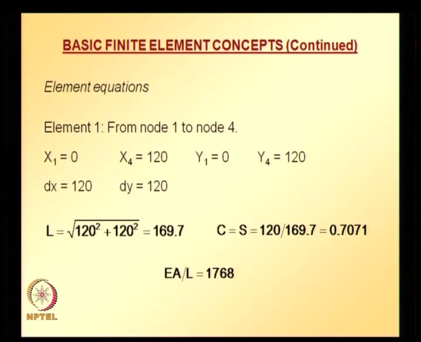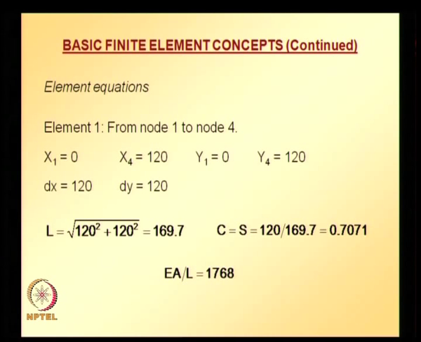Feet is converted into inches, and length of member is given by square root of dx square plus dy square. And once we know these values, we can find what is cosine alpha and sine alpha, and here both are same, and it is given there, 0.7071.